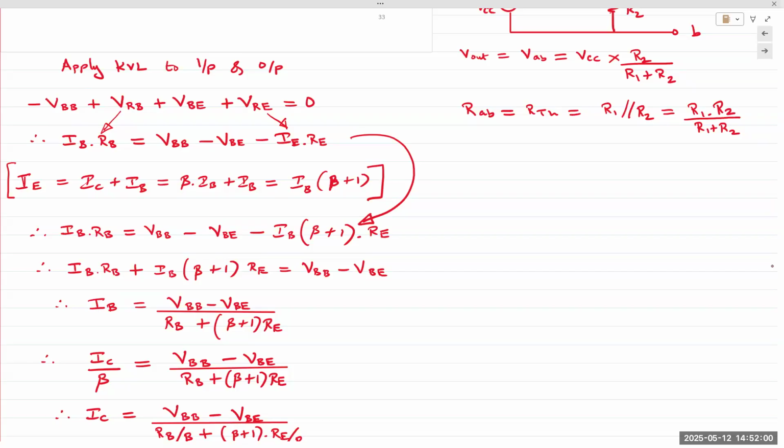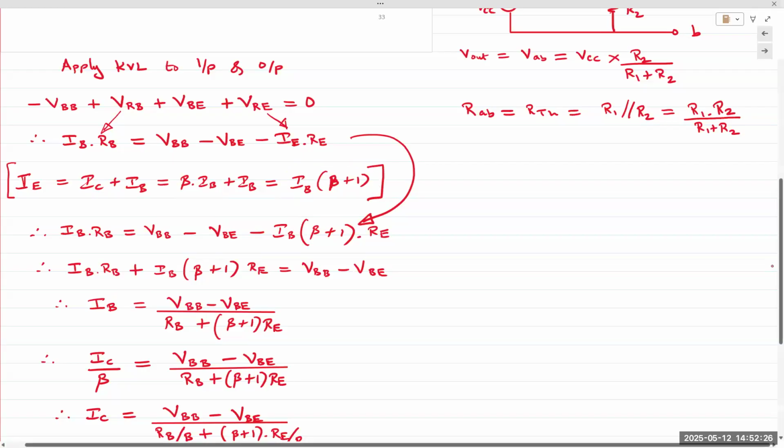We want to obtain IC. So we are going to take IE and we are going to replace it with IC and IB. IE is the sum of IC and IB. IC can be replaced with beta times IB. And so IE is replaced with IB times beta plus 1.